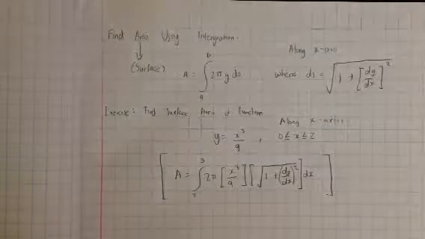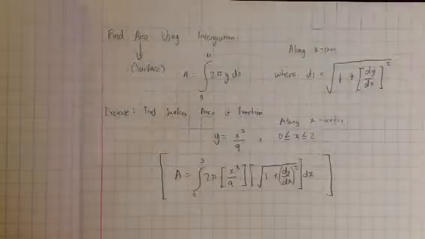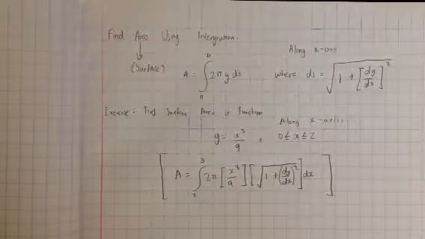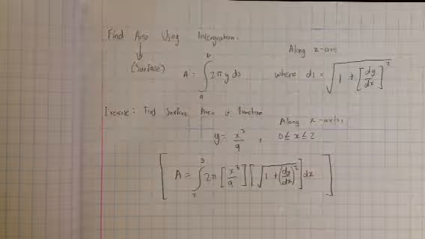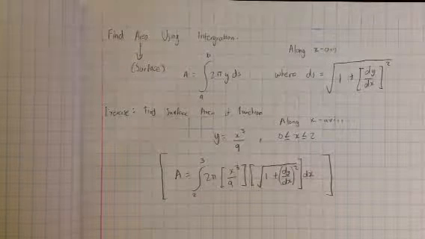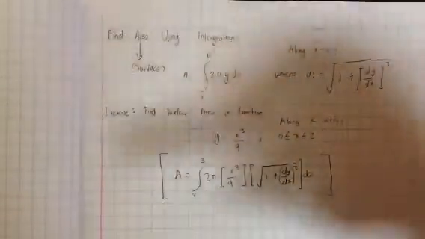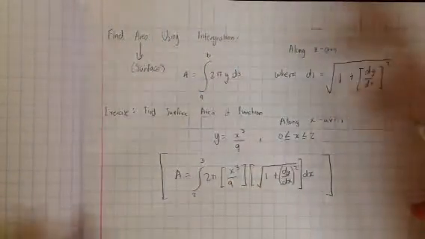Today we're going to be looking at surface area using integration, particularly a scenario along the x-axis. Basically the surface area of something, perhaps something like this. Let me just draw a quick sketch, just so you get an idea.